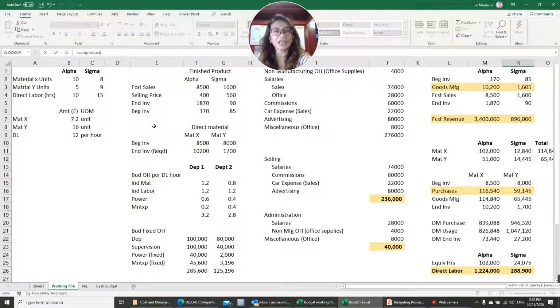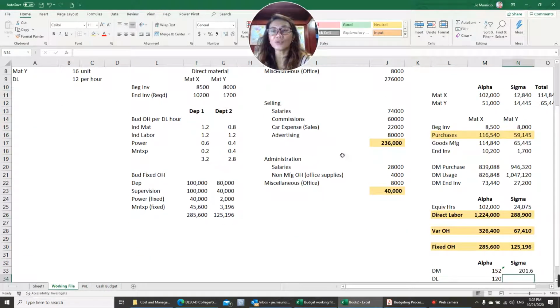It means you get the sum of the product of the cells. So what we did earlier is 8 times 7.2 plus 9 times 16. We use SUMPRODUCT, highlight the first selection and then the second selection. So the answer is 201.6.